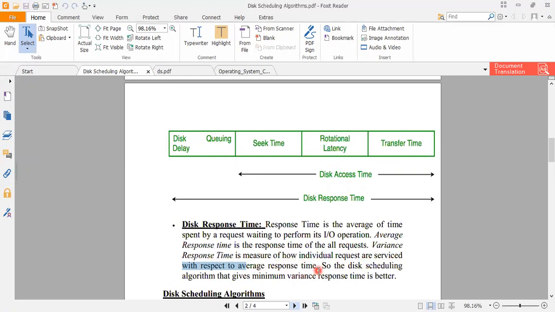So again, we can say indirectly the disk scheduling algorithm that gives minimum variance response time, that will be better. And disk response time basically is the disk access time plus queuing delay, disk queuing delay. So these are the 2-3 common points that will be used in almost all the scheduling algorithms.